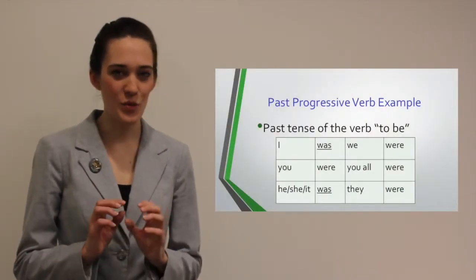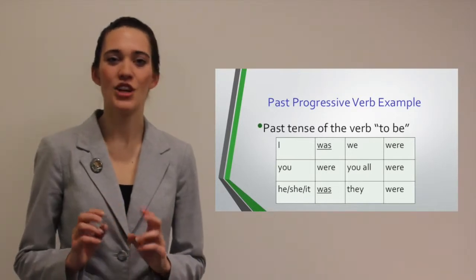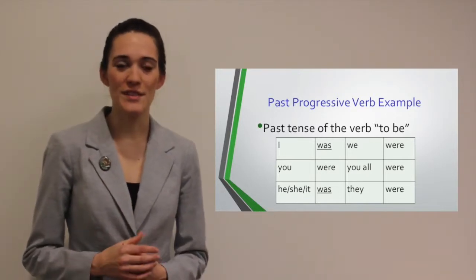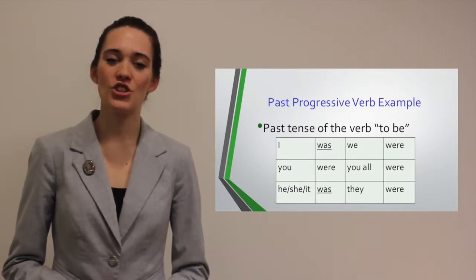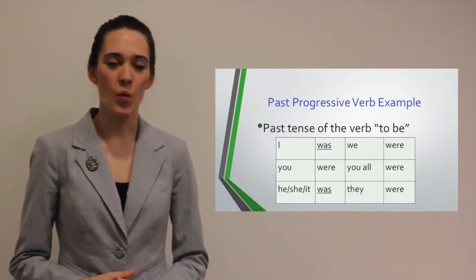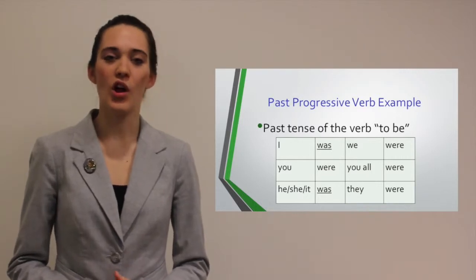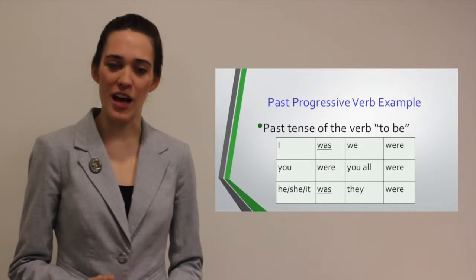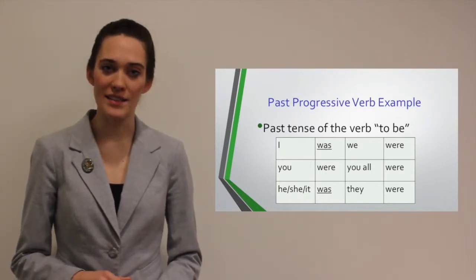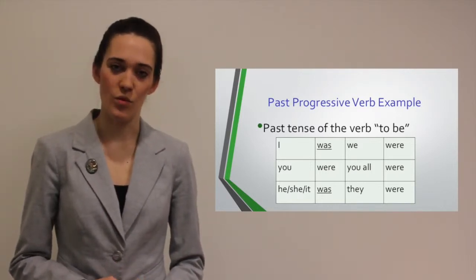Now I want to zoom in on the part of the verb that is to be. I was, you were, he, she, it was, we were, you all were, and they were. Notice the underlined ones. We have I was and he, she, it was.